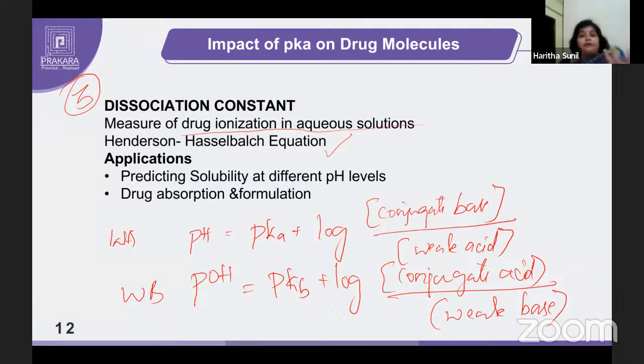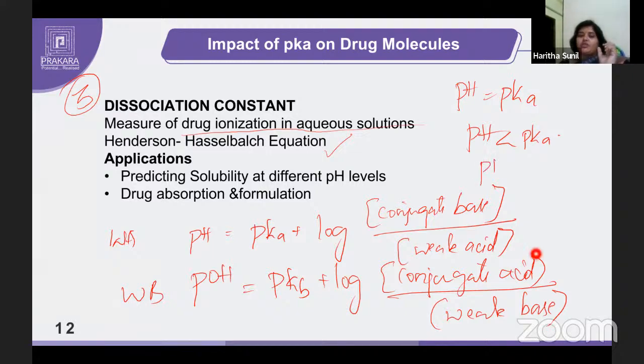So how can you interpret this Henderson-Hasselbalch equation? For example, if pH is equal to pKa, then 50% of the drug exists as ionized and 50% exists as unionized compound. If pH is less than pKa, then the drug will be more in the unionized form, so that it will have a better permeability.